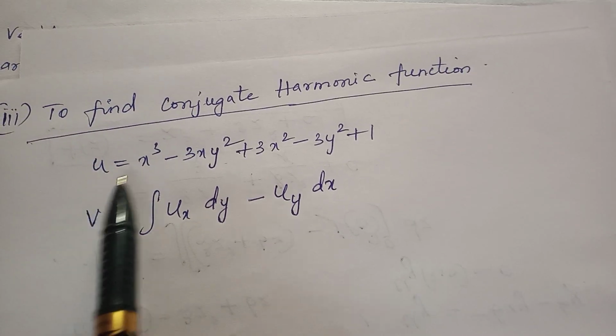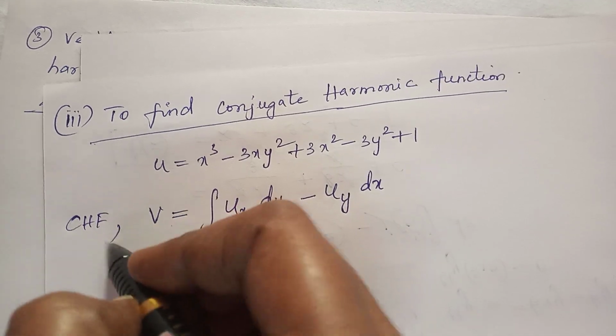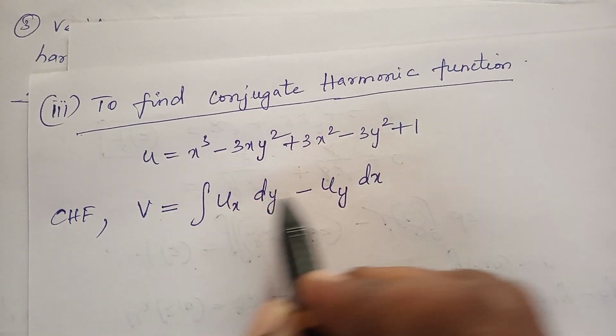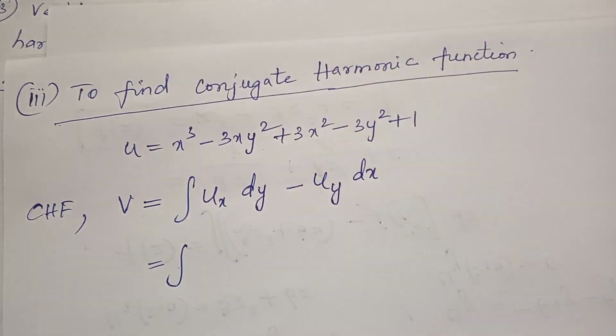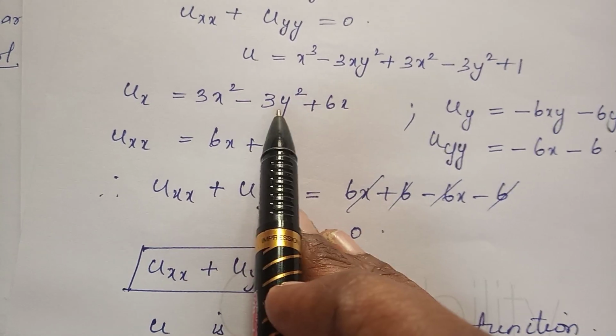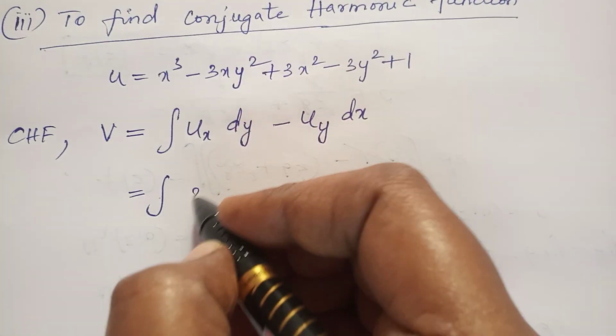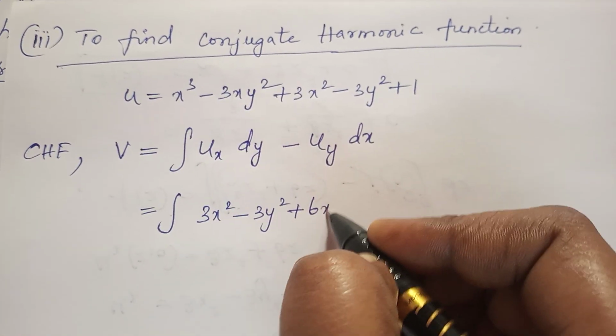Since in our question u is given, for the conjugate harmonic function v, I have written the formula here. So this is equal to the integral of u_x, which we already found for this question. u_x is 3x square minus 3y square plus 6x.